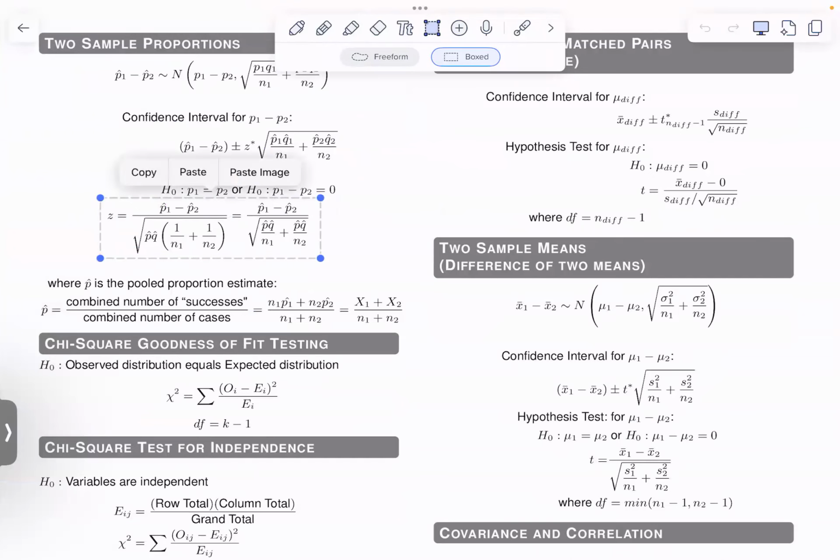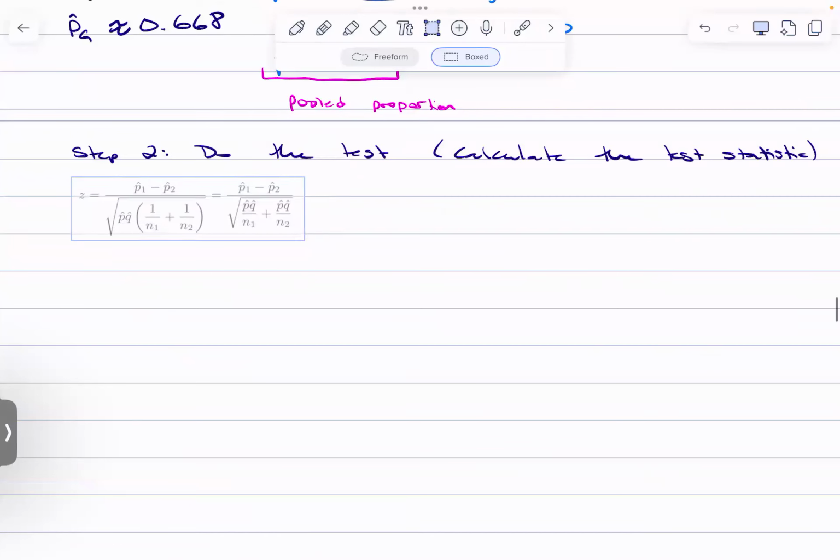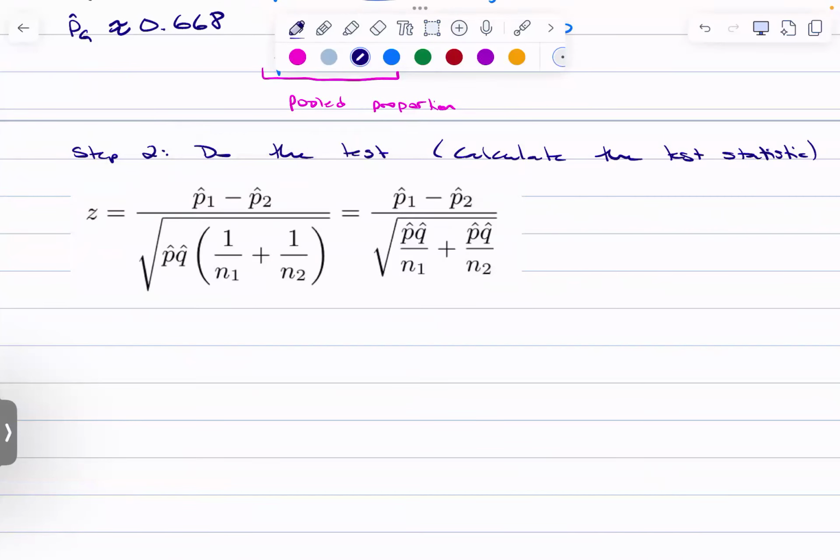And again, I give you options, but I'll be ignoring the second one. I'm going to use this version. And technically, Z is the difference in P1 hat minus P2 hat minus our hypothesized difference P1 minus P2.